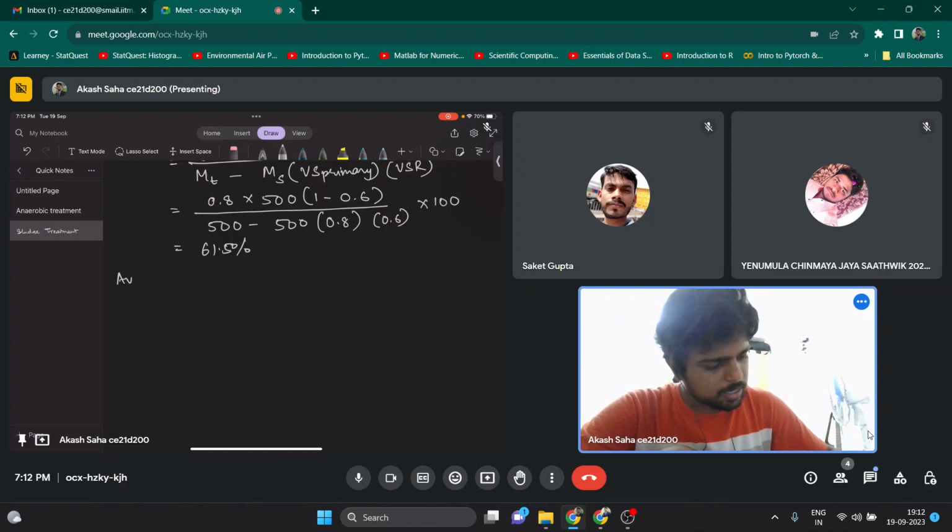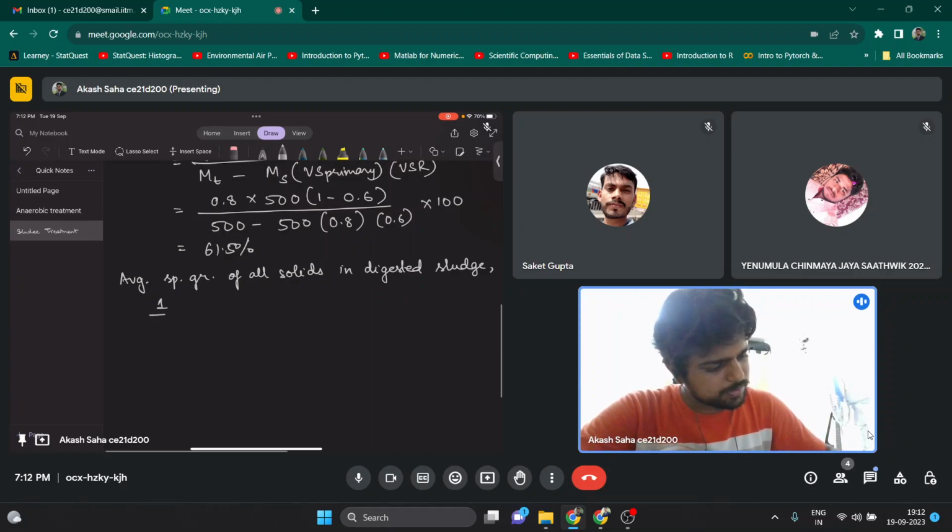Now my average specific gravity of all solids in the digested sludge. First we saw the primary sludge, now we will see the digested sludge. Suppose the specific gravity is SS.